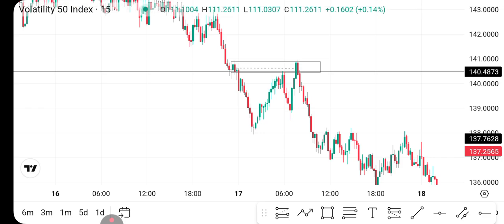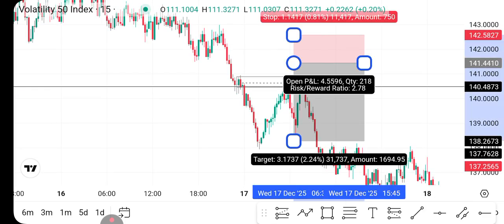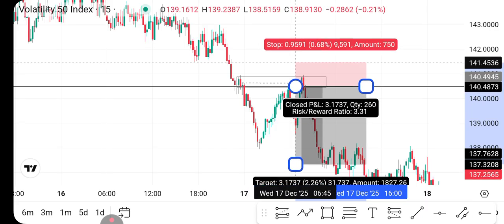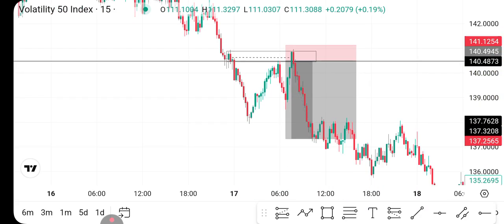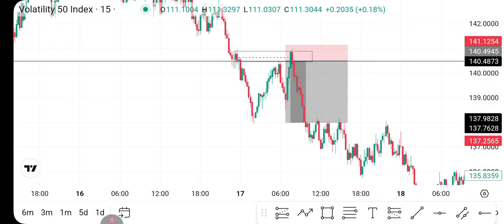So this is one entry here. You just target the low. 1:3. I don't do much, 1:3 is enough for me.